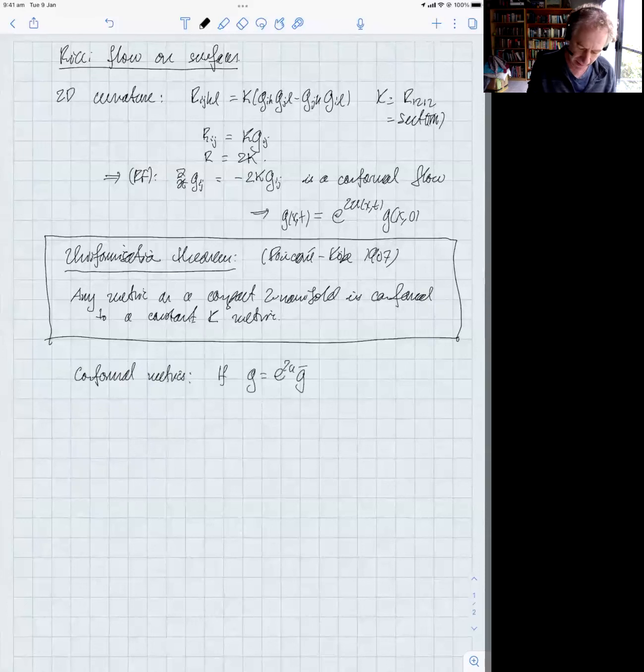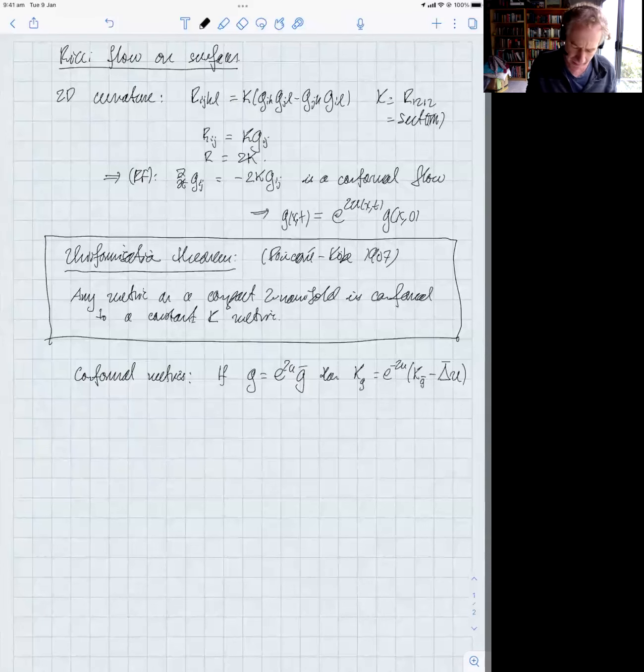So it says the Gauss curvature of g is given by e to the minus 2u times the Gauss curvature of g bar minus the Laplacian of u with respect to g bar.